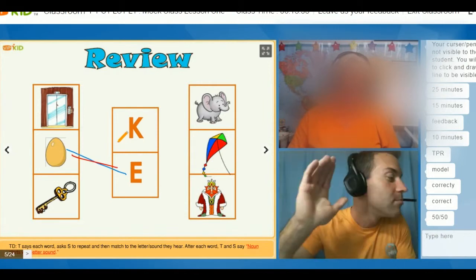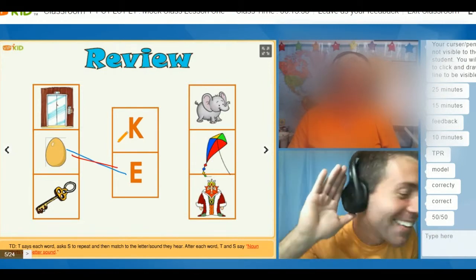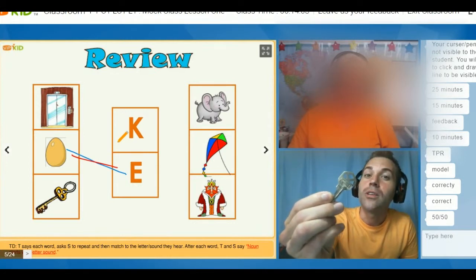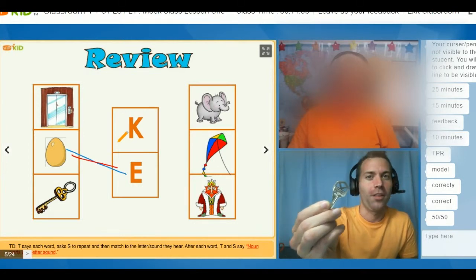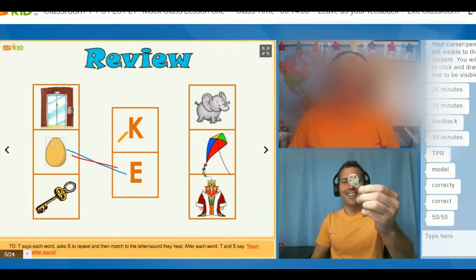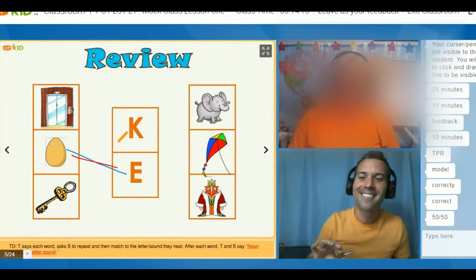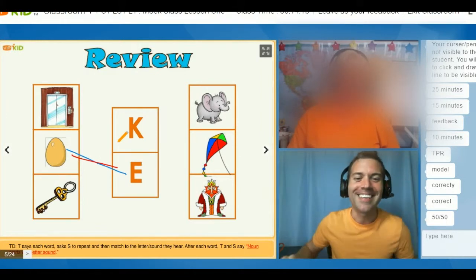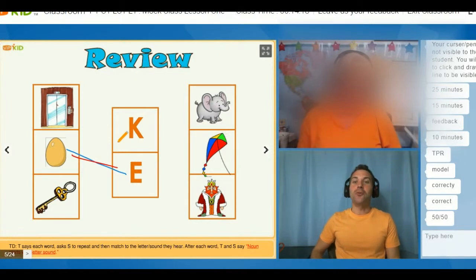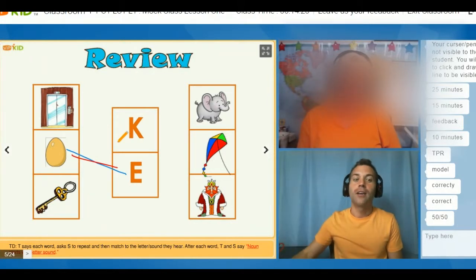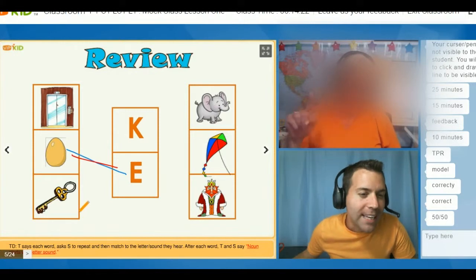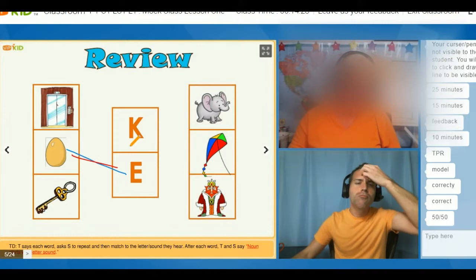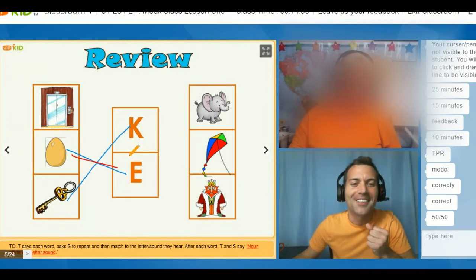Key. Key. Yes. What sound does key start with? Key starts with K. Yes. Good. You draw a line from key to K. Good.